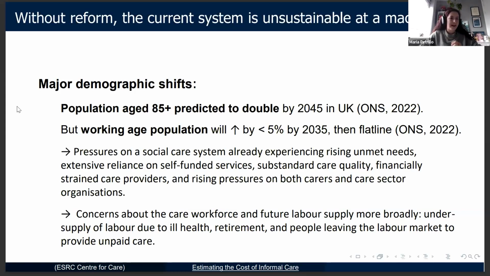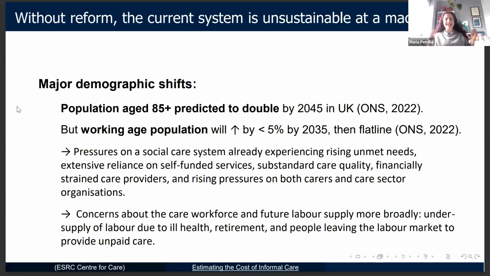Rising unmet needs, financial instability in care provision, and workforce shortage highlight the stress and fragility of the system. There is also a concern from a labor market supply point of view, as given that the population is aging, many unpaid carers will need to leave employment to provide unpaid care, and this is going to exacerbate the labor market shortage.